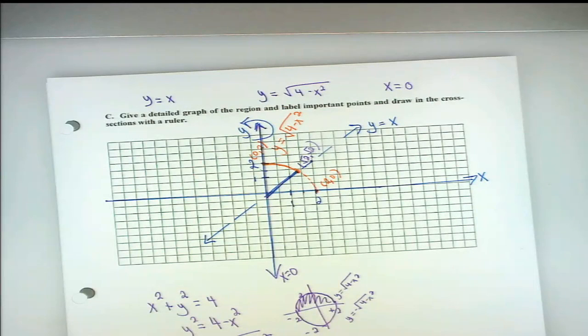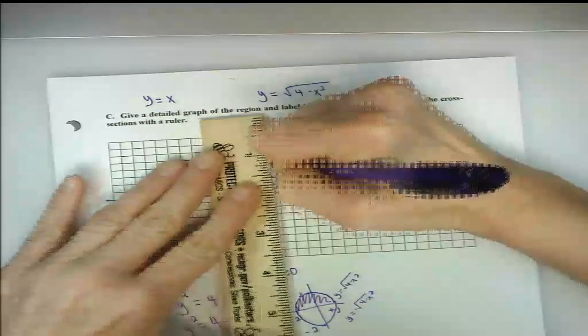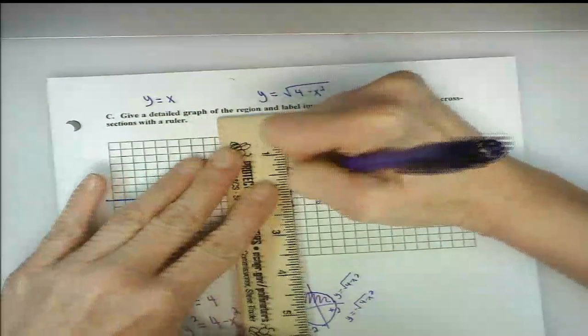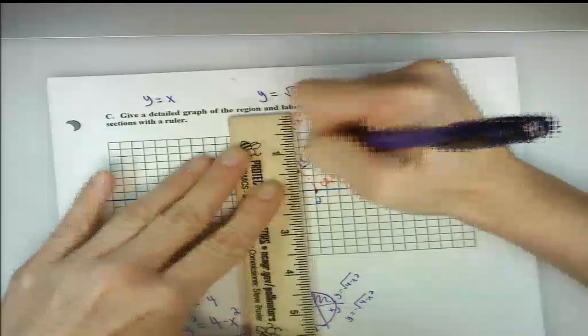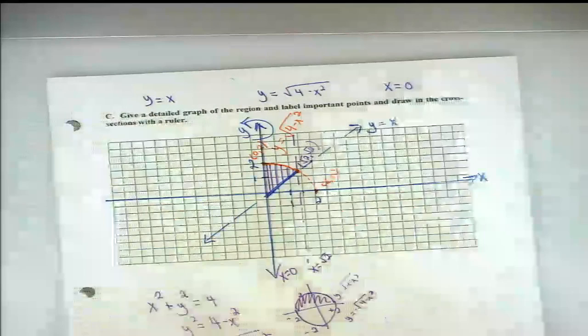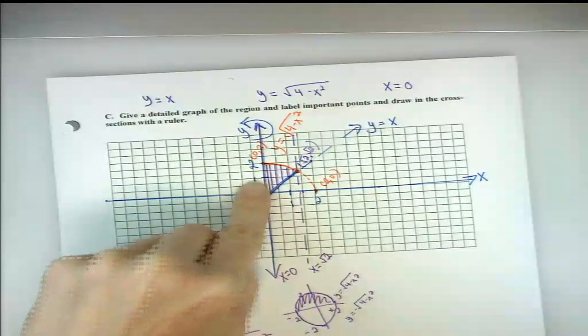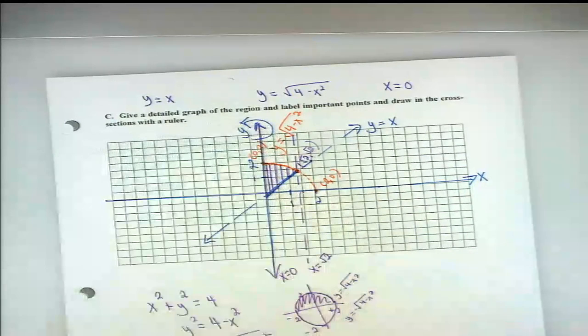A cross section parallel to the axis of revolution represents another boundary. If you wanted to sketch in a dotted vertical line, this is your region. Cross sections are cylindrical shells revolved about the y-axis, so you're going to integrate with respect to x.